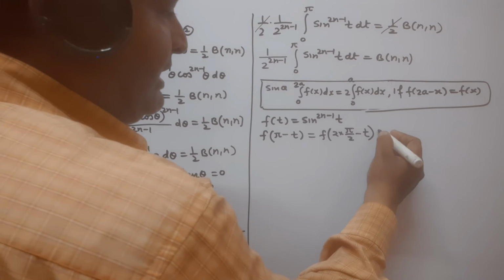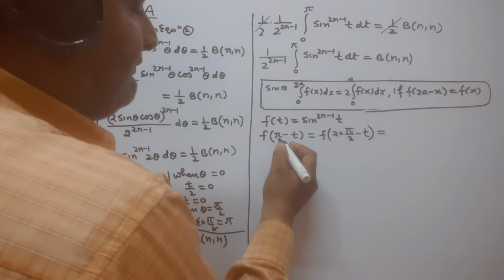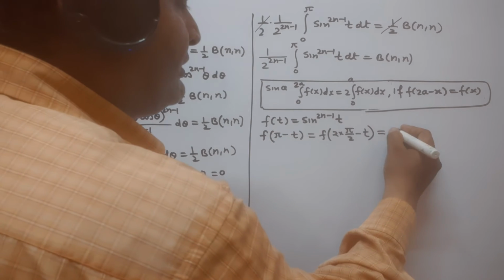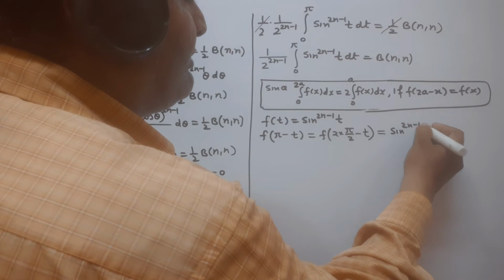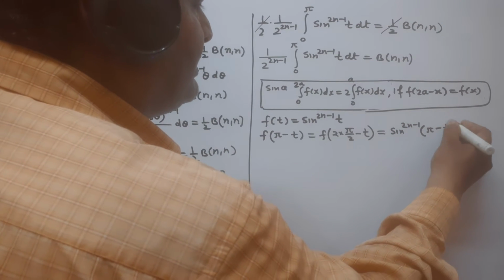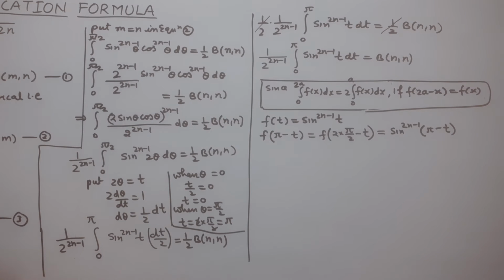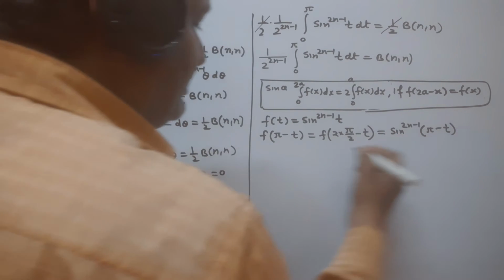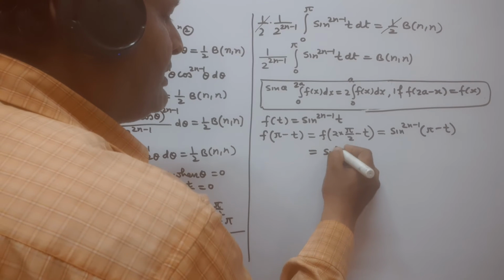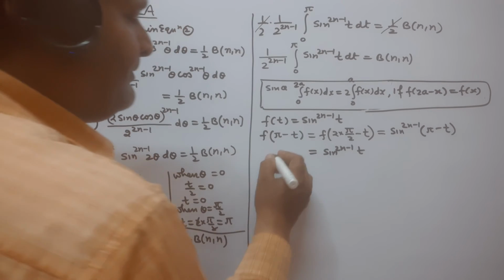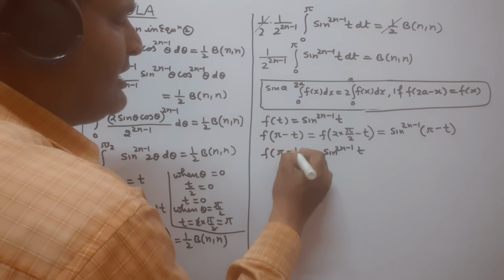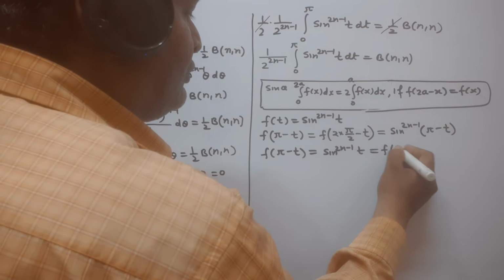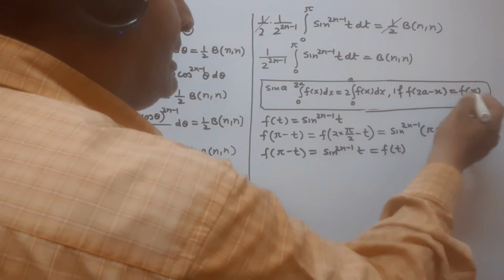So when we put pi minus t in place of t, this is sine to the power 2n minus 1 of pi minus t. And we know that sine of 180 minus theta is equal to sine theta, so this can be written as sine to the power 2n minus 1 t, and this is equal to f(pi minus t), which is equal to f(t). So we can apply this formula here.